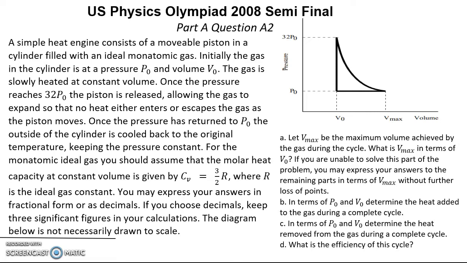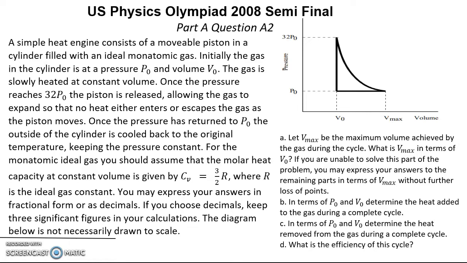Once the pressure reaches 32 P0, the piston is released, allowing the gas to expand so that no heat either enters or escapes the gas as the piston moves.